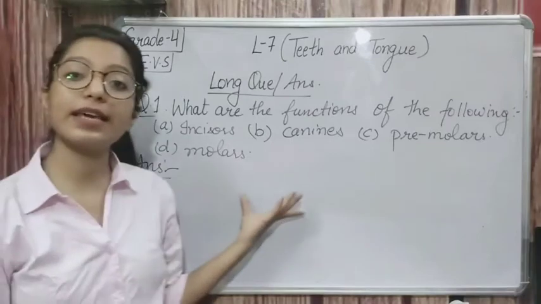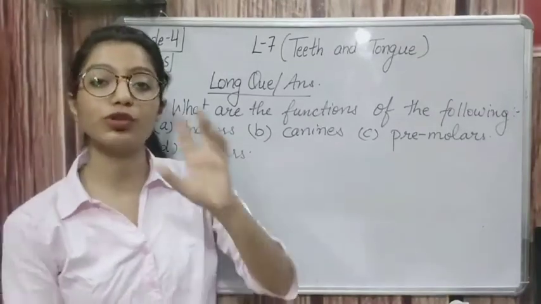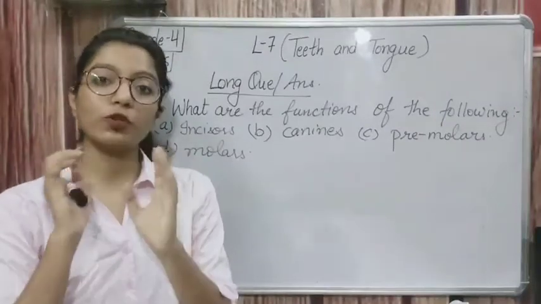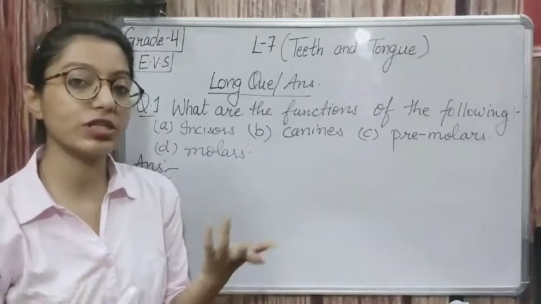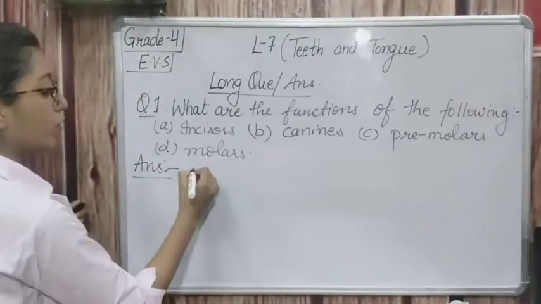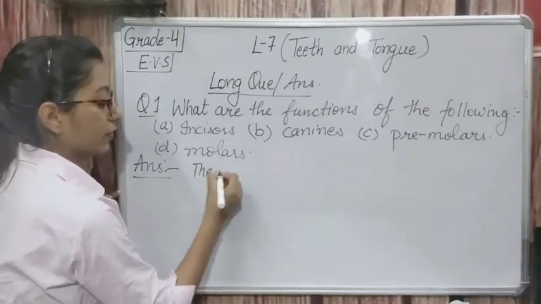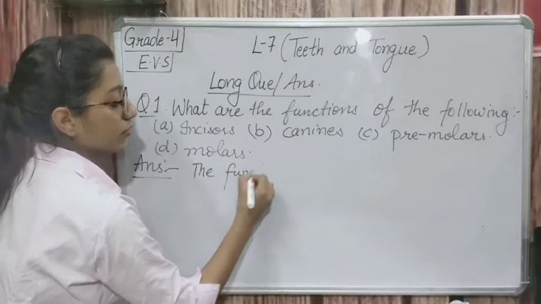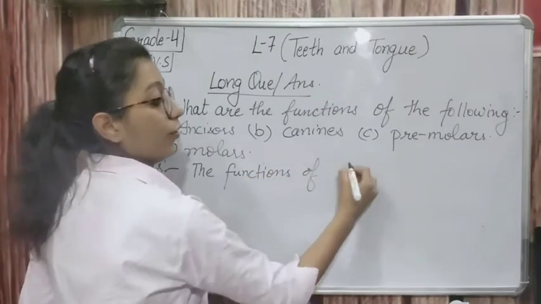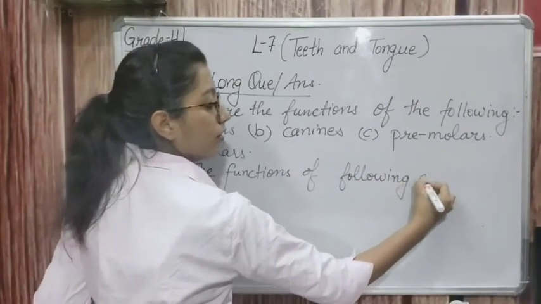So children, as I gave you in the homework to draw the structure of these, and I told you to write the function also. I know many of you know better about their functions, but still we have to write this here also. Now firstly write here the functions of following are.